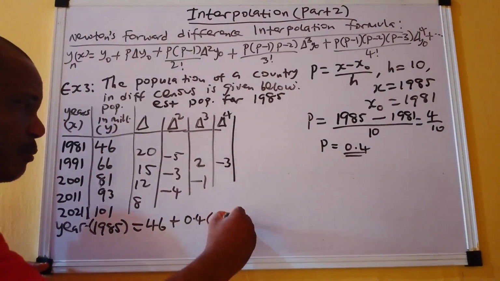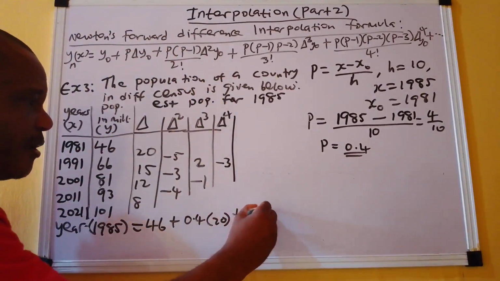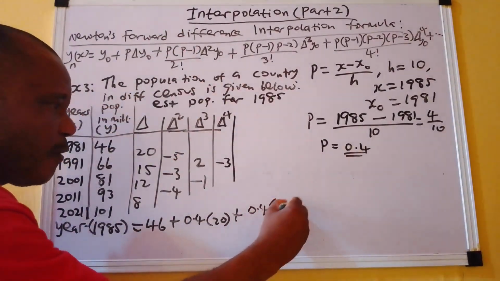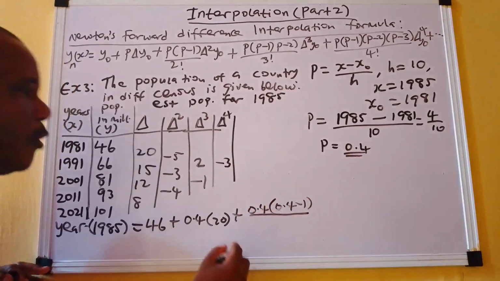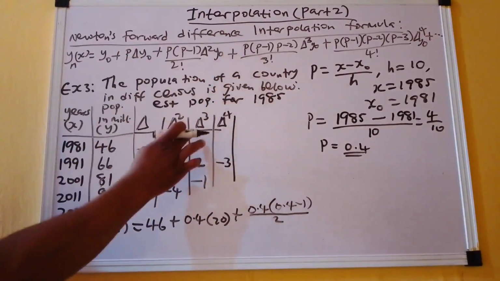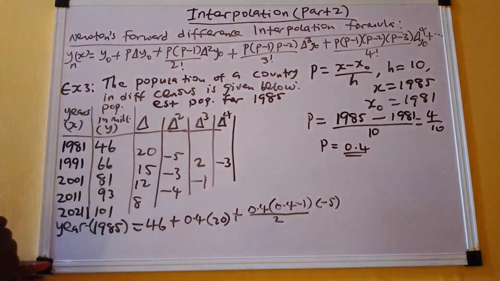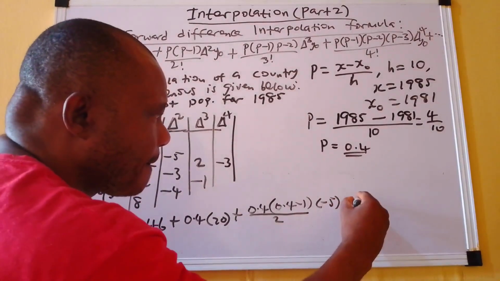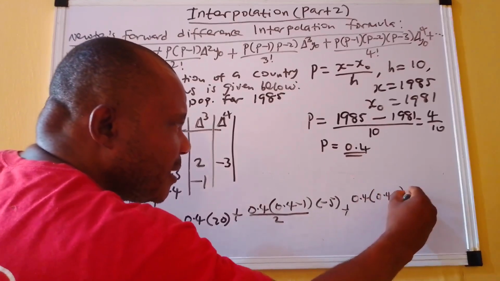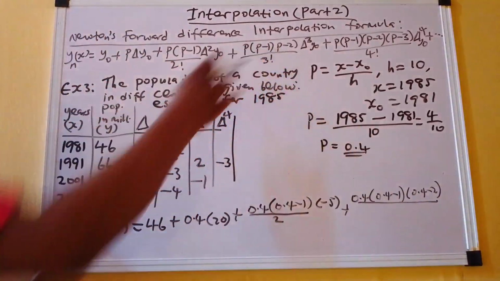Then of course plus P, 0.4, into 0.4 minus 1, all over 2 factorial, which is 2, then the second forward difference is minus 5, bracket minus 5. Then again plus P, 0.4 into 0.4 minus 1 into 0.4 minus 2, all over 3 factorial.